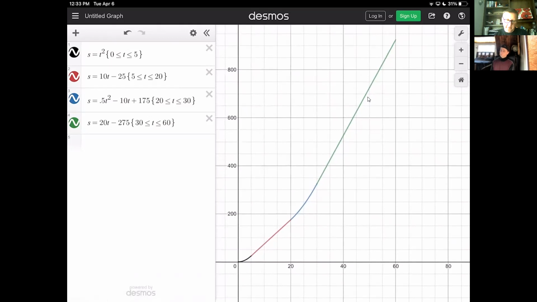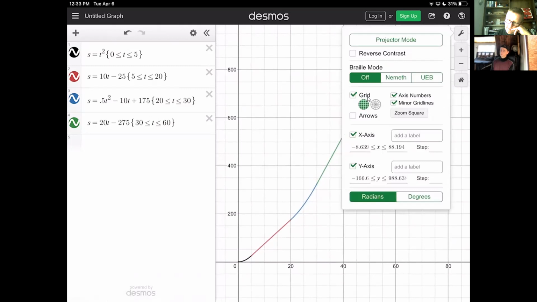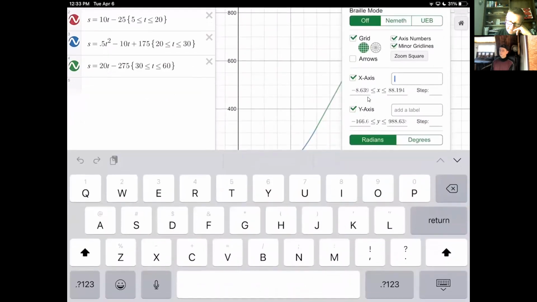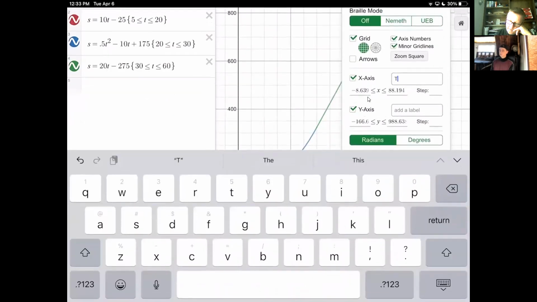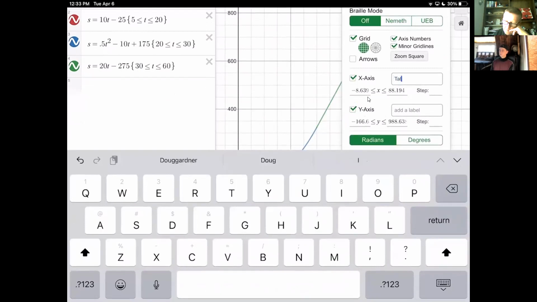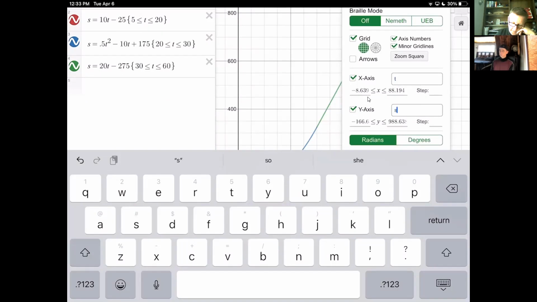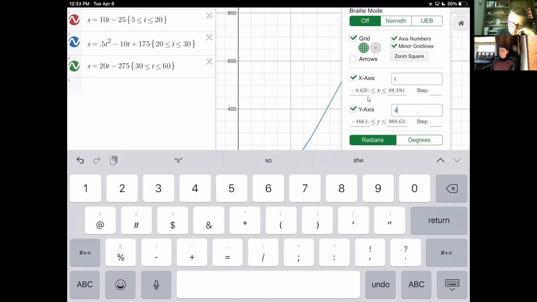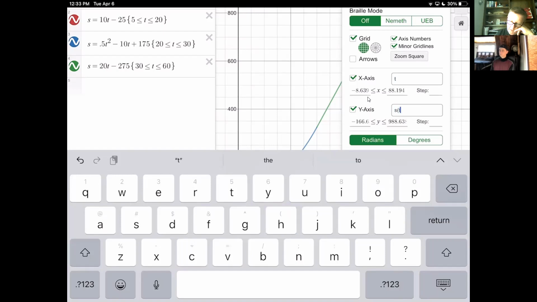So there's our S versus T graph. And there is actually a way to go in here and label the axis. My x-axis is time, and my position is S as a function of t.